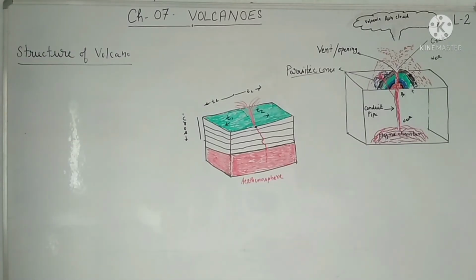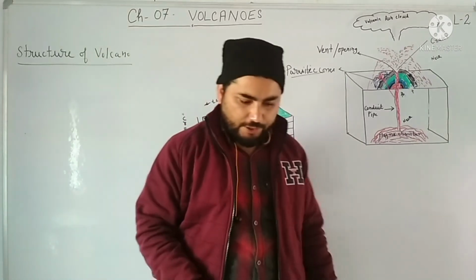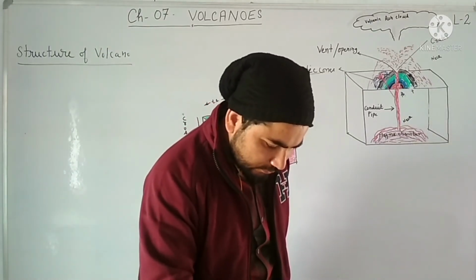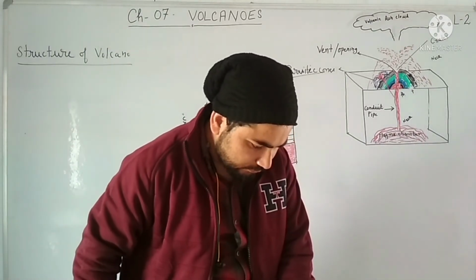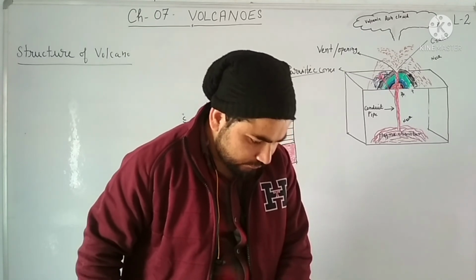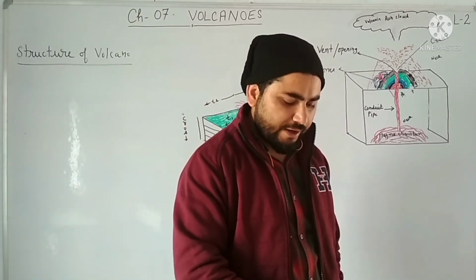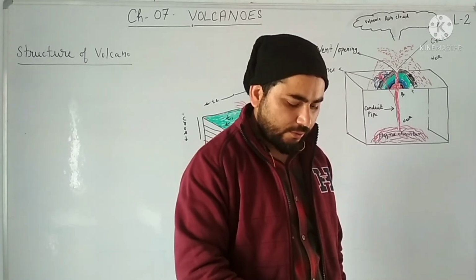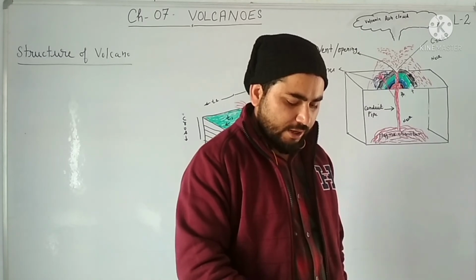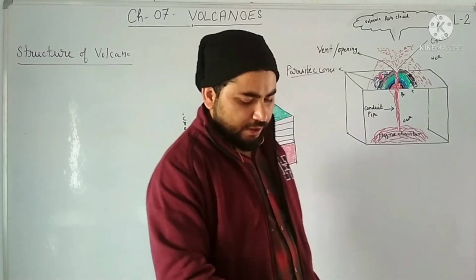Which come under the structure of volcano. Let me find a few more. So, structure of a volcano: the very hot material that the volcano pours out creates structures both inside the earth and on the surface. Structures are typical of a particular type of eruption.